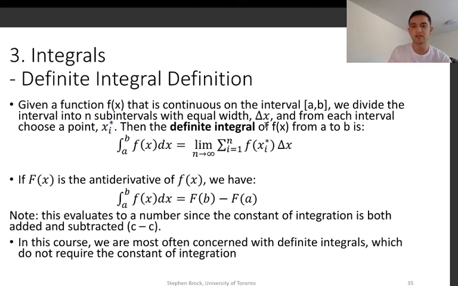Then the definite integral of f of x from a to b is the integral from a to b of f of x dx, which is equal to the limit as n approaches infinity of the summation from i equals 1 to n of f of xi star times delta x.